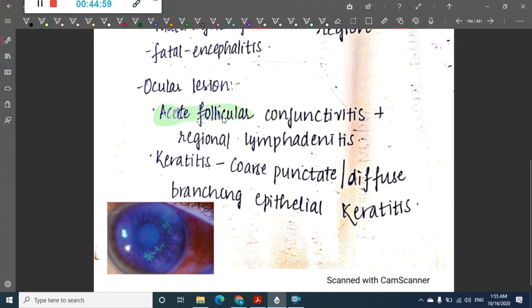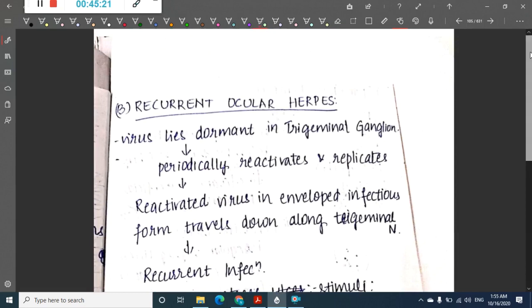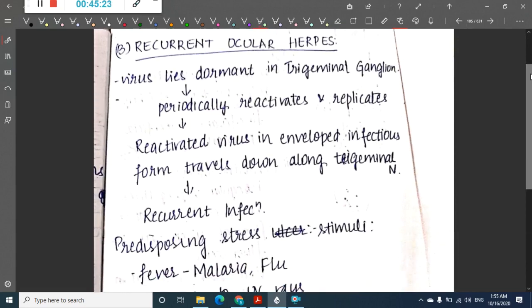Obviously in the conjunctiva there will be acute follicular conjunctivitis, but in keratitis we see diffuse branching. See, there is diffuse coarse punctate or diffuse branching epithelial keratitis seen here in this picture. Then that is for primary ocular herpes.